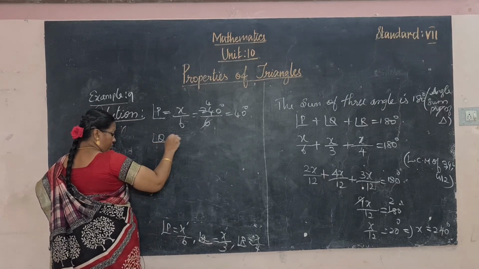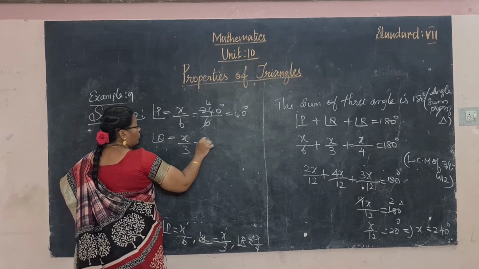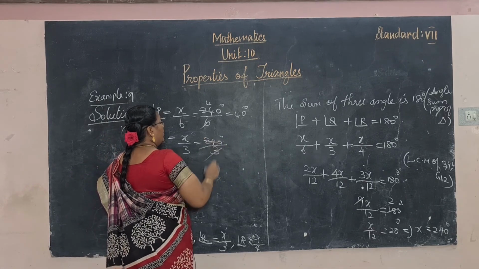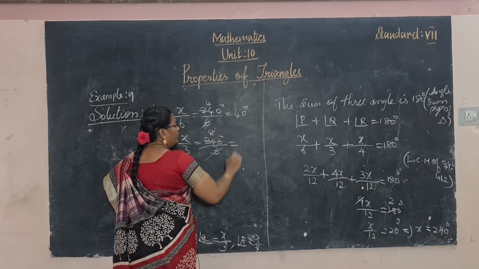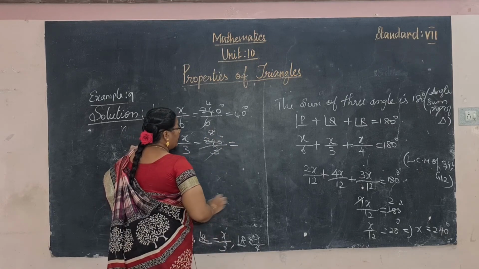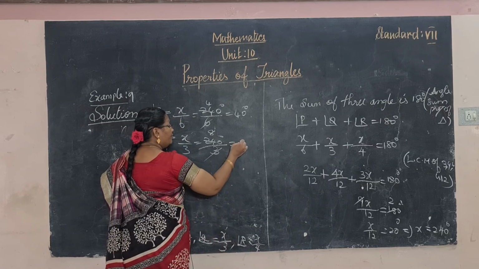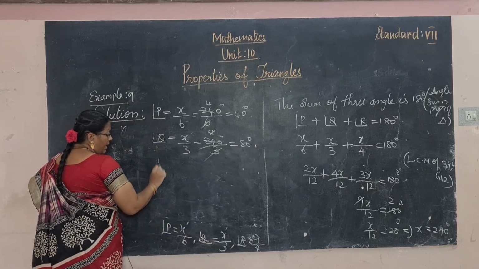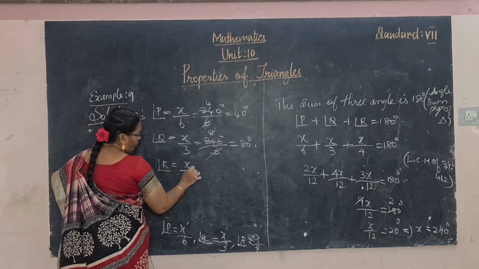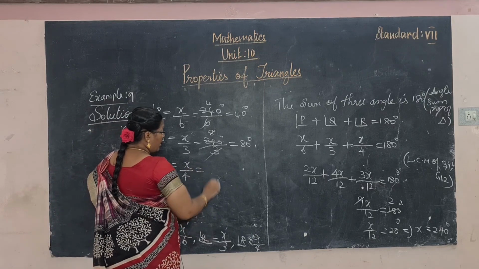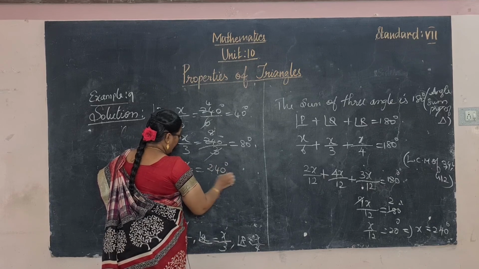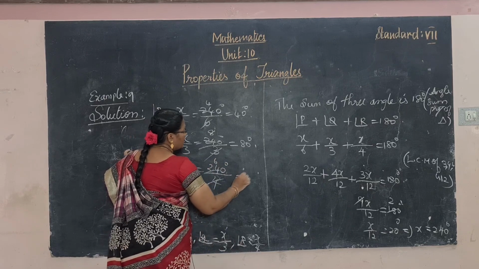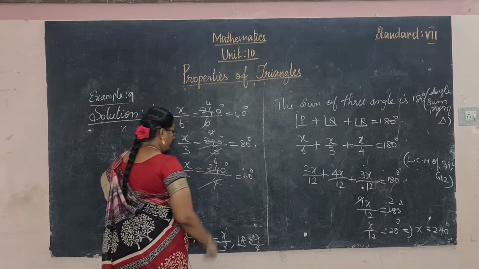Angle Q is x by 3, so 240 degrees by 3. 3 eights are 24, so 80 degrees is angle Q. Angle R is equal to x by 4, which is 240 degrees by 4. 4 sixes are 24, so it's 60 degrees.